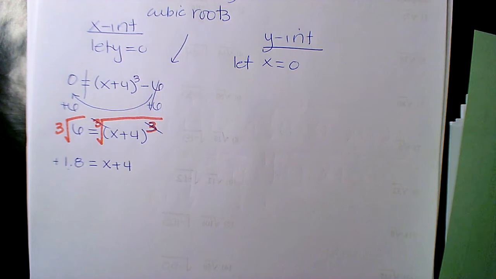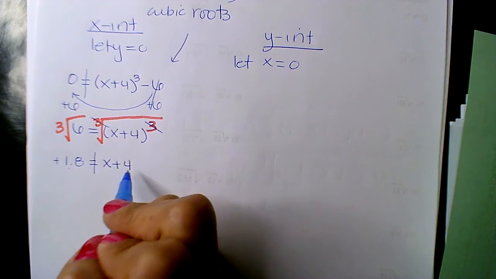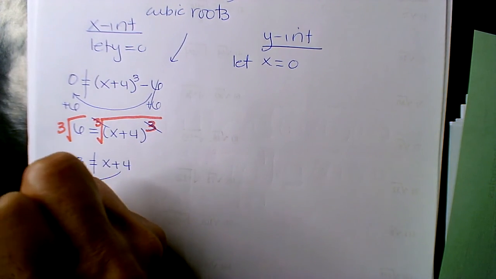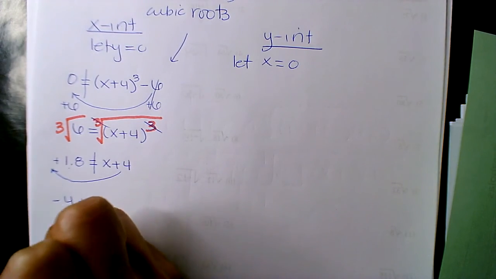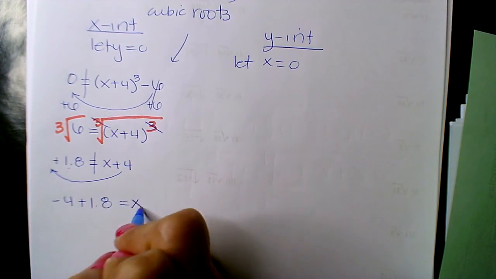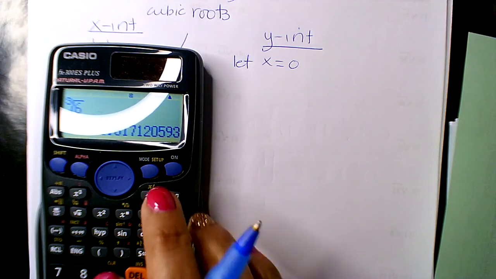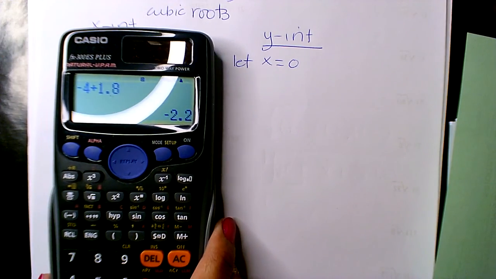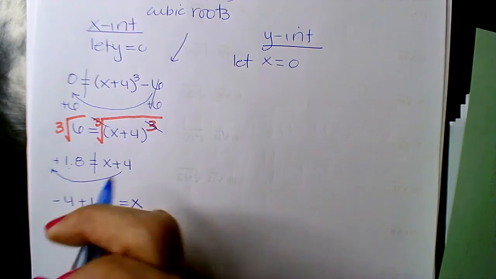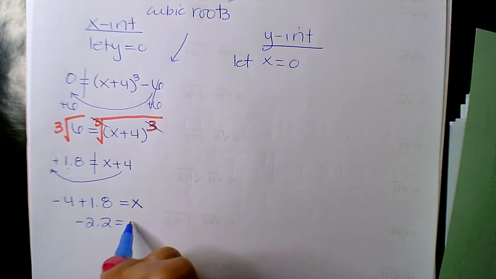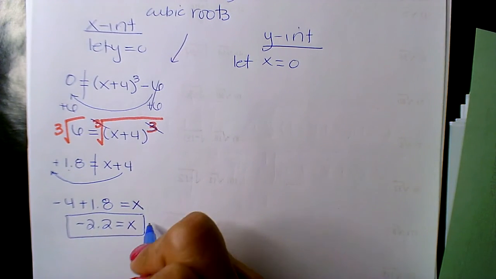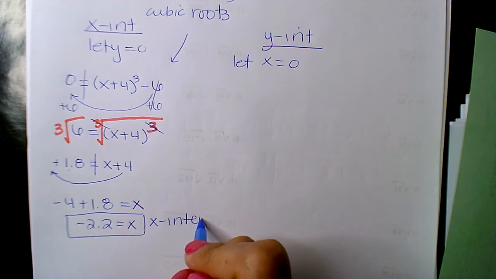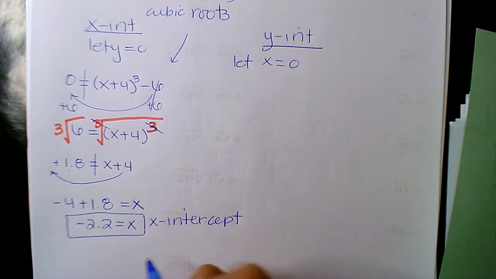Okay, so now what do you do? Take that 4. And now it's negative 4 plus 1.8 equals x. And I get negative 2.2. And so this is my x-intercept. This is where it crosses.